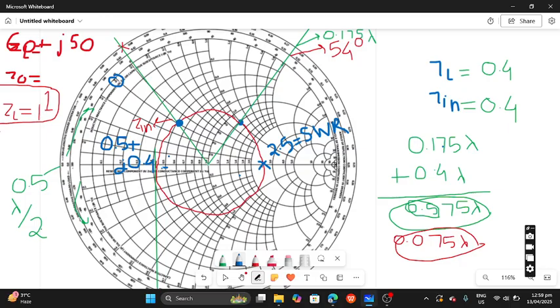This is your value of Zin, and ZL you already know is 1.2 plus j1. This is your ZL.